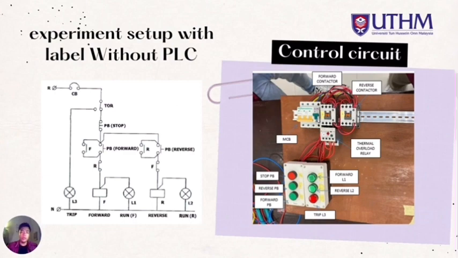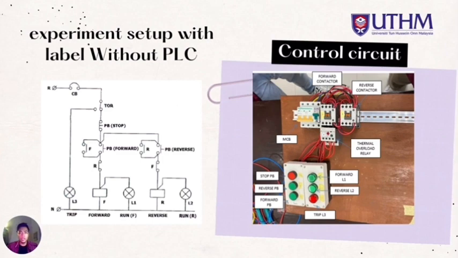First, without PLC. For the control circuit without PLC, as we see on the slide, the control circuit for forward reverse uses single-phase connection from supply, which consists of MCB, two contactors, forward and reverse, and a thermal overload relay (TOR). For the controlling part, we use three push buttons: push button forward, push button reverse, and push button stop.